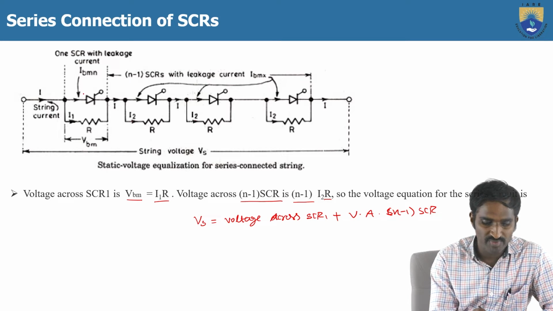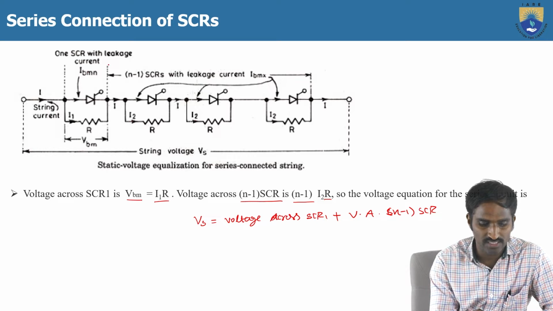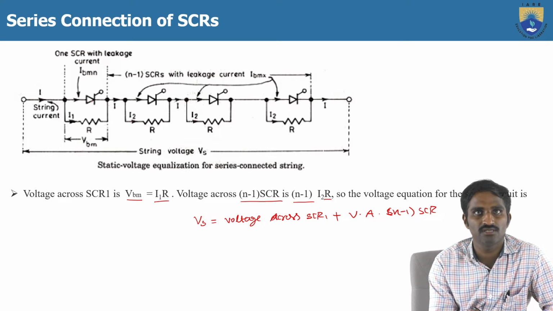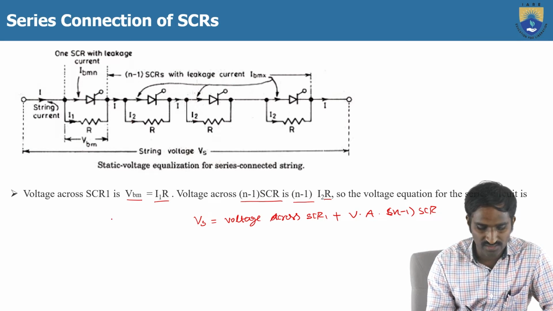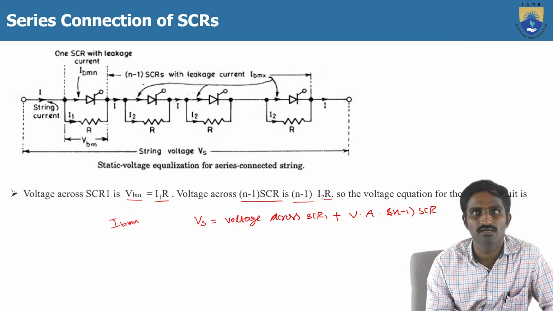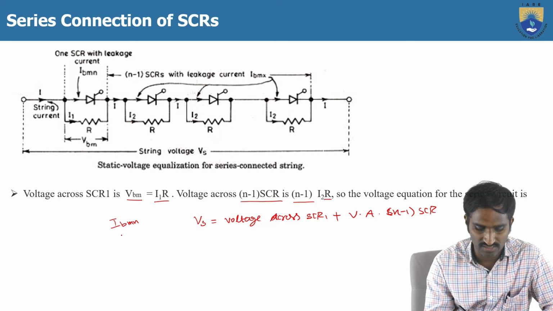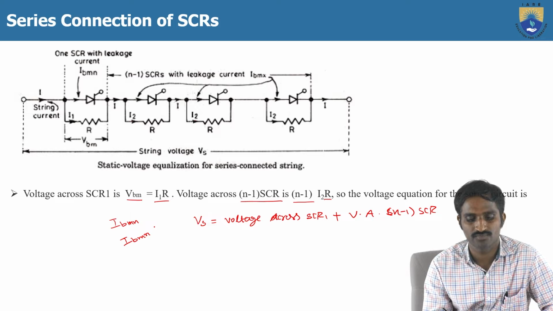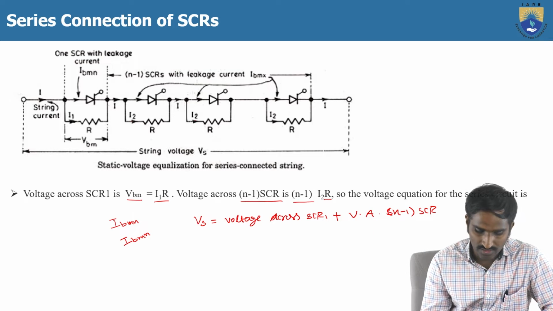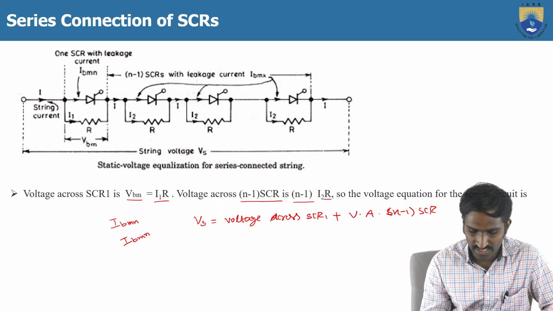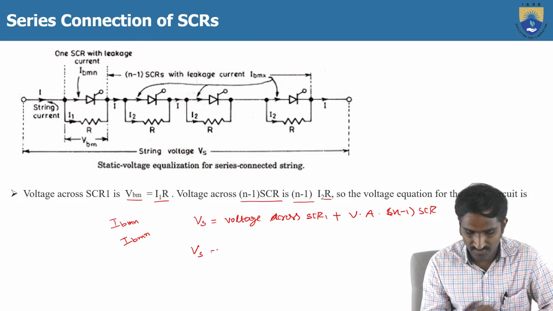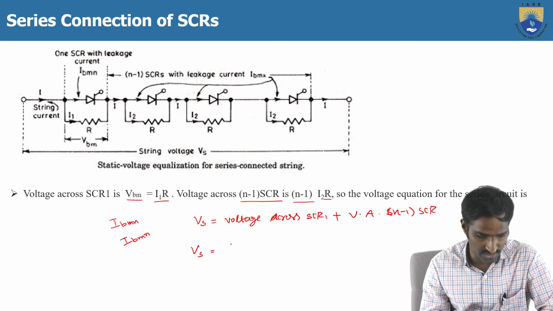And here let me consider the leakage current. Of course, if the SCR is turned off, there should be no current. But let me consider the leakage current in SCR1 as IBMN, and the leakage current in the remaining n-1 SCRs as IBMX.